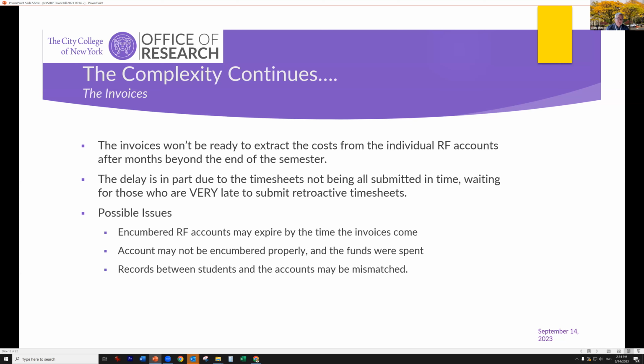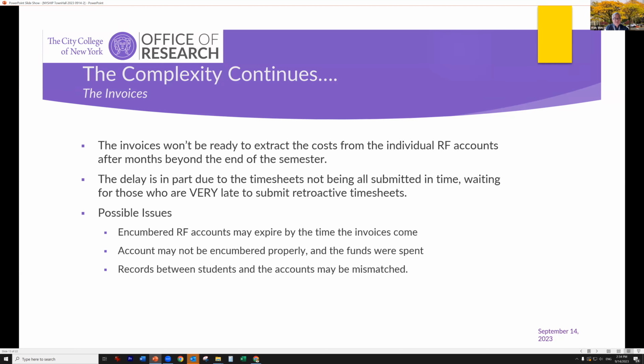As I mentioned, using this spring semester as an example, the appointment is supposed to end May 22nd of this year. And we are still receiving the invoices. We started receiving them in August, and we just received another batch about a week ago.